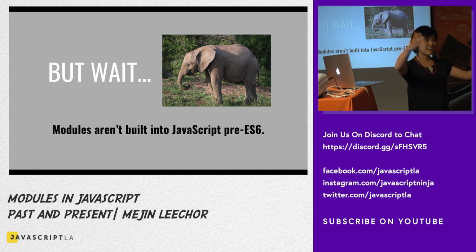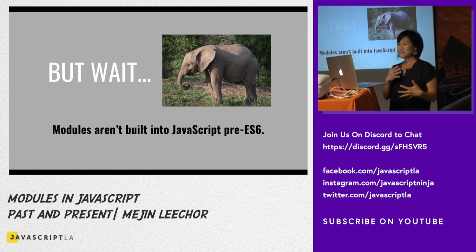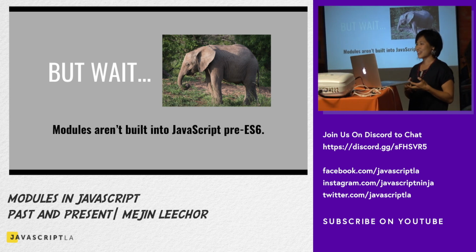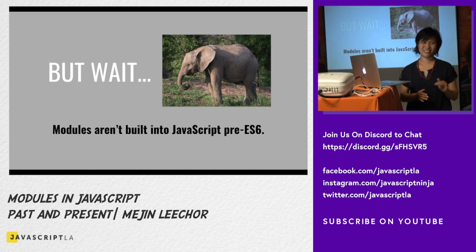For most of its years as a language, JavaScript didn't have any kind of built-in native module system. This is unlike Python, for example. Modules only really recently became part of the language, and they've only just landed in modern browsers, as of this year.